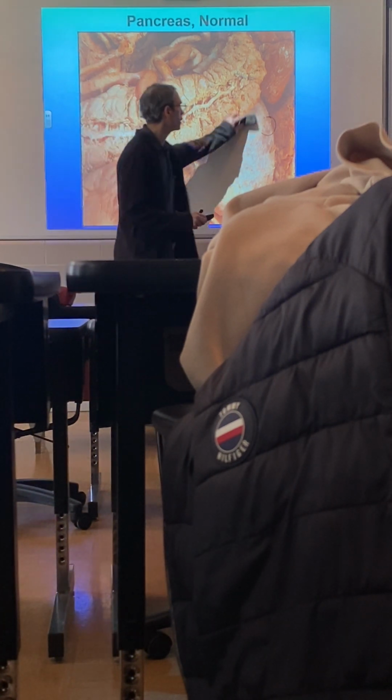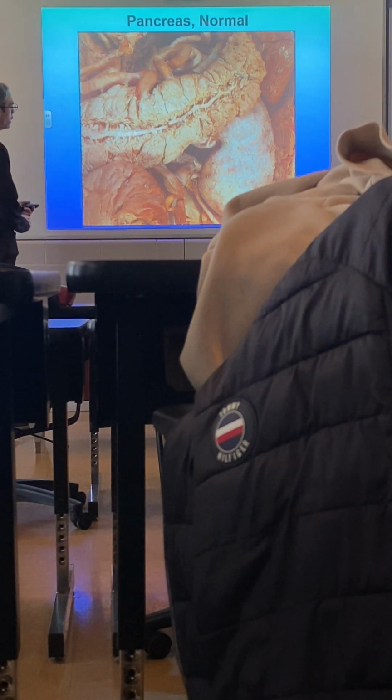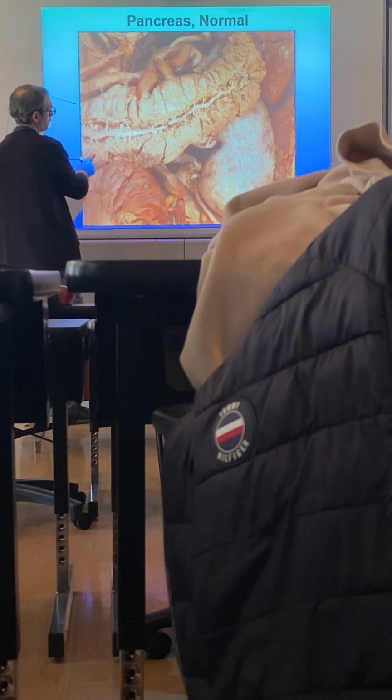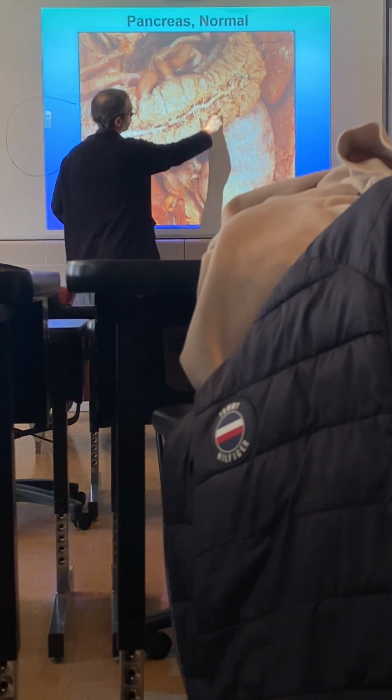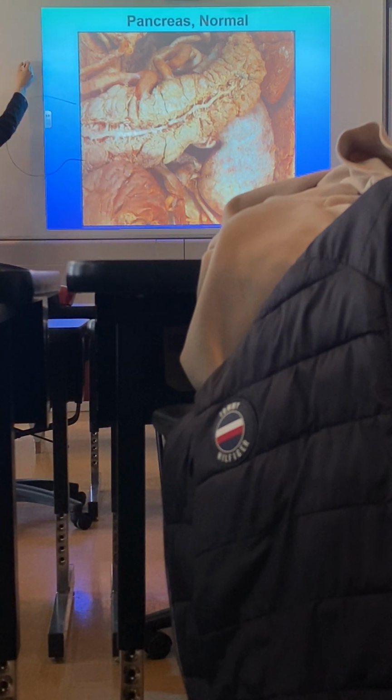So this is a sculpted dissection of a normal pancreas. You're actually seeing the tail of the pancreas. The head of the pancreas is over here. The tail of the pancreas is right here. The pancreas has been dissected, so you can see the main pancreatic duct, and this will lead right into the duodenal sweep, which is over here.